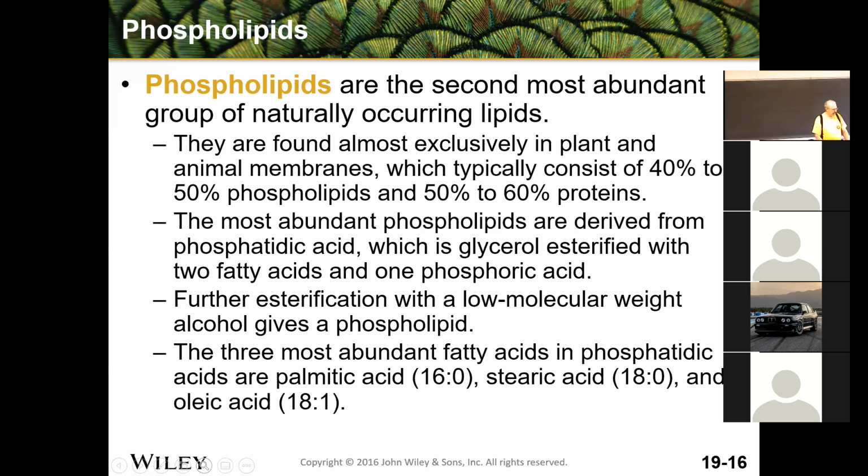The most abundant phospholipids are derived from phosphatidic acid, which is glycerol esterified with 2 fatty acids and 1 phosphoric acid. Further esterification with a low molecular weight alcohol gives a phospholipid, and we'll see examples in just a moment. The 3 most abundant fatty acids in phosphatidic acids are palmitic, stearic, and oleic.